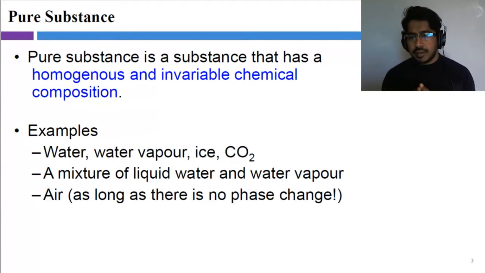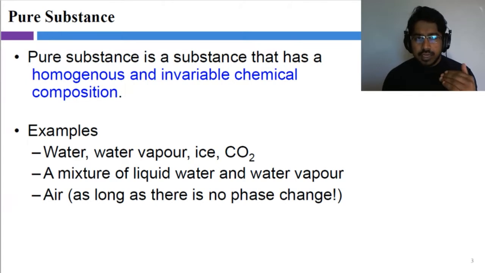So let me explain it again. So now with air, what happens is, like, we have nitrogen, oxygen, and all the other components, right? So when we are in the gaseous phase, everything is a gas, so the composition will be uniform. But if we keep cooling this one, let's say the freezing point of one substance is different from the other substance, right?